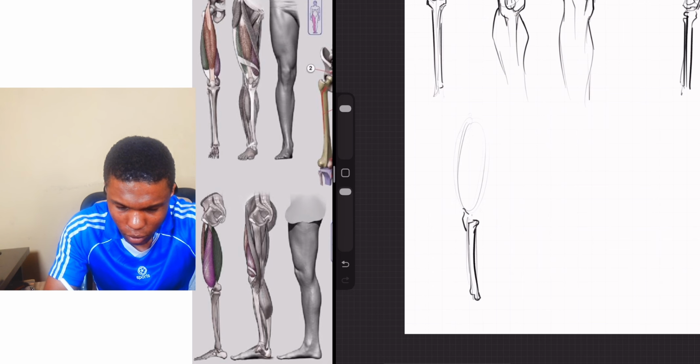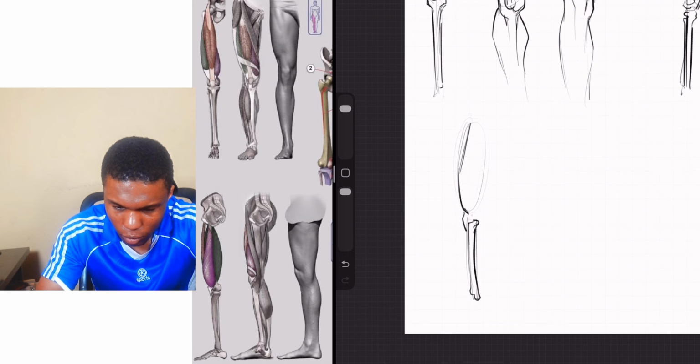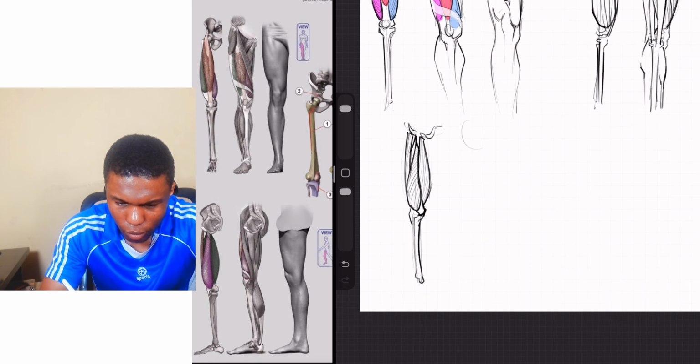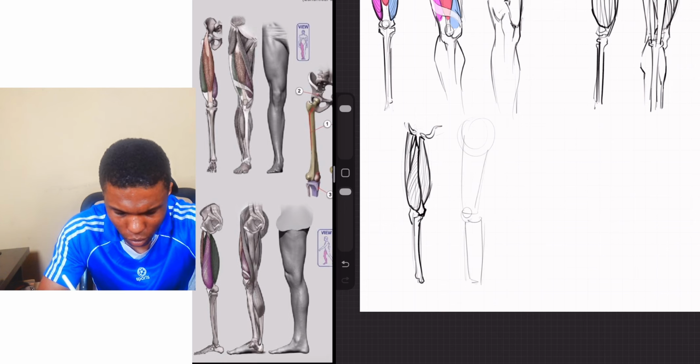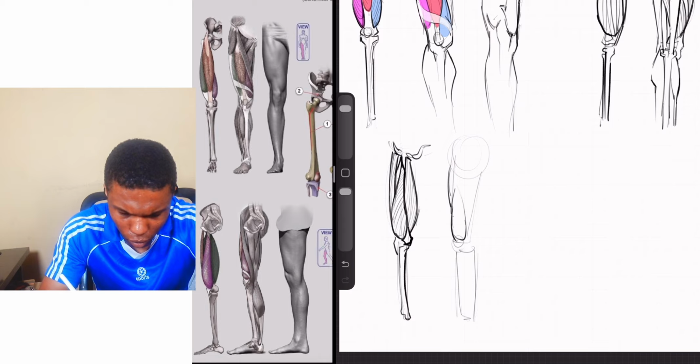As you can see, bones are not necessarily straight. Our sartorius, the longest muscle in the human body, by the way.